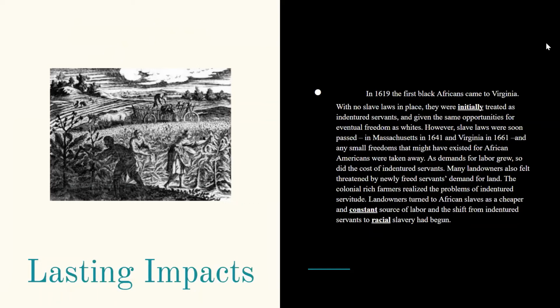As demands for labor grew, so did the cost of indentured servants. Many landowners also felt threatened by newly freed servants' demand for land. The colonial rich farmers realized the problems of indentured servitude. Landowners turned to African slaves as a cheaper and constant source of labor, and the shift from indentured servants to racial slavery had begun.